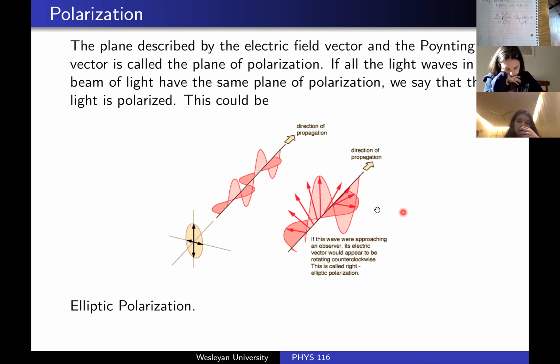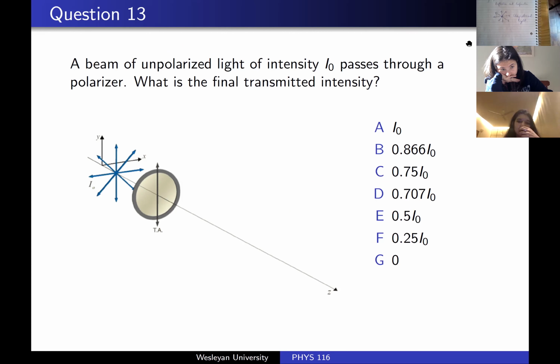Okay, let's get an idea of what happens. All right, majority vote says 0.5 I naught will be transmitted, and this is correct.